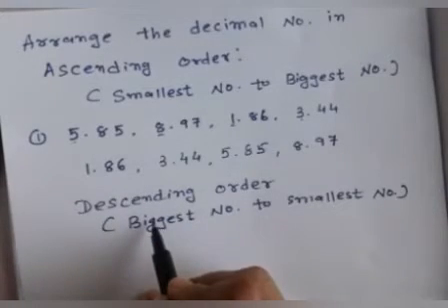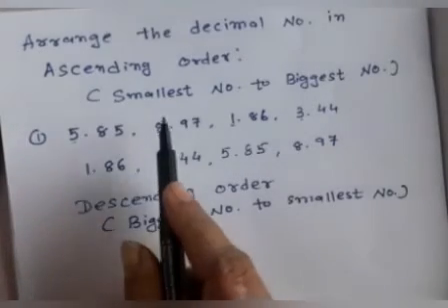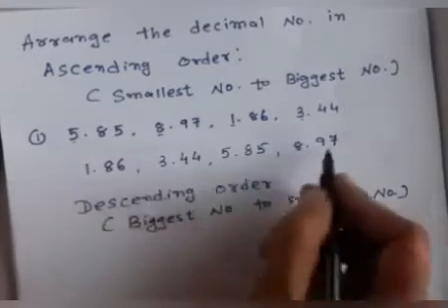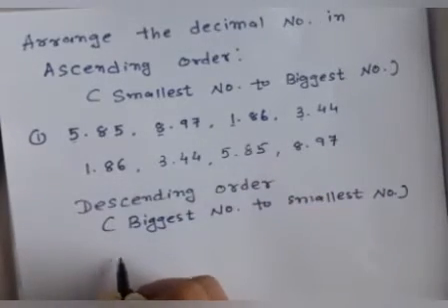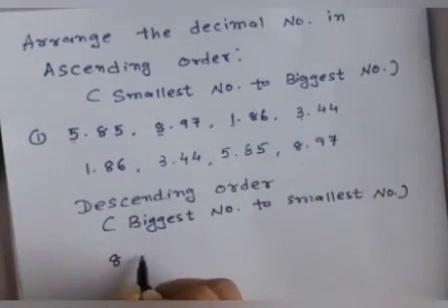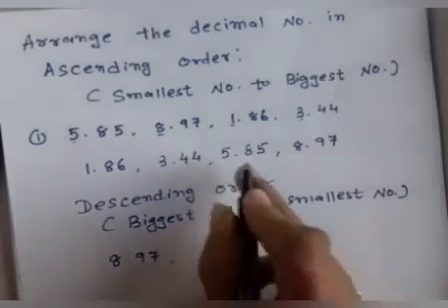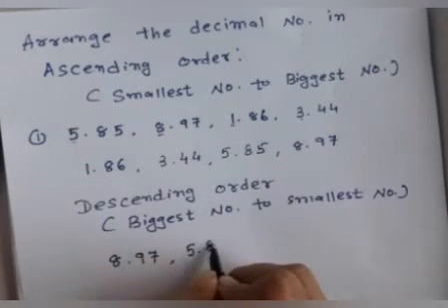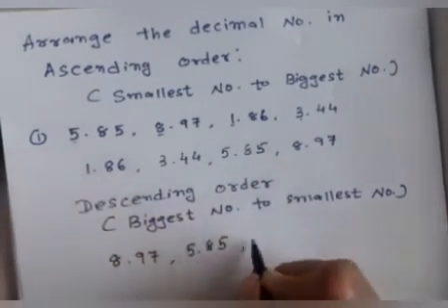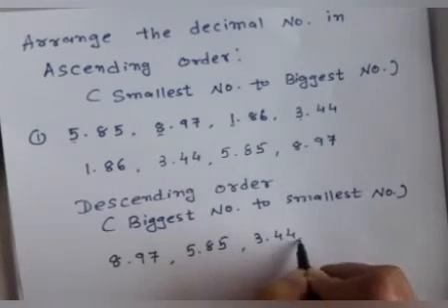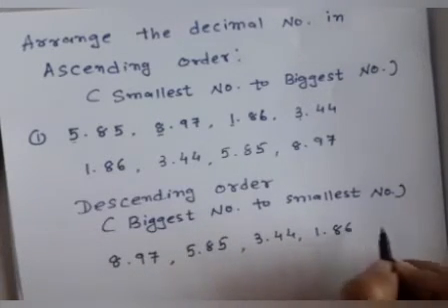It is a totally opposite process of the ascending order. Means here we write the biggest number first, which is 8.97, 5.85, 3.44 and 1.86.